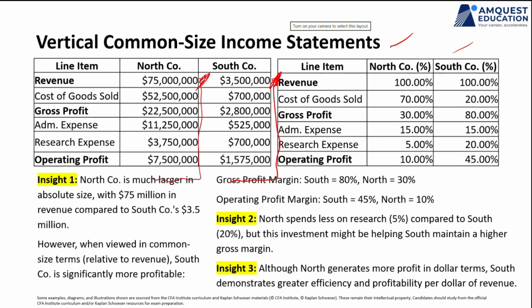So when we look at this, you can easily comment that gross profit margin for North is 30%, but for South is 80%. Operating profit margin for North is 10%, for South is 45%.